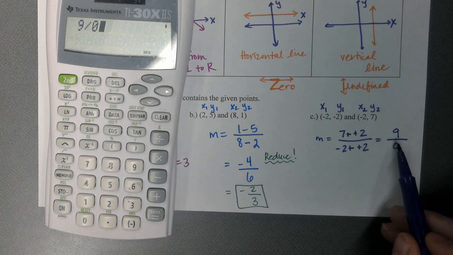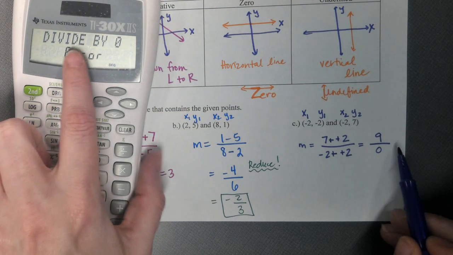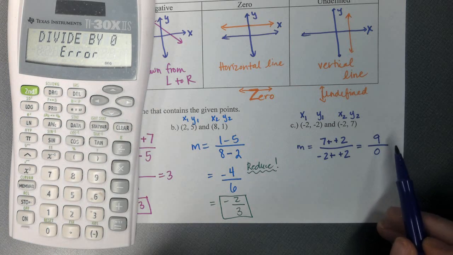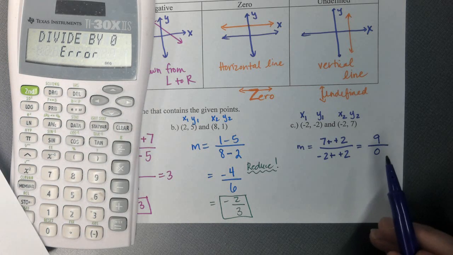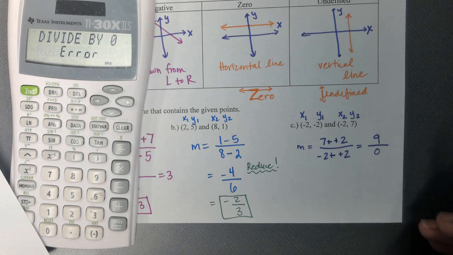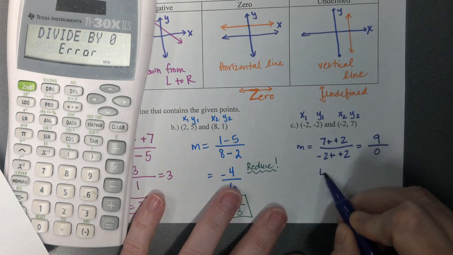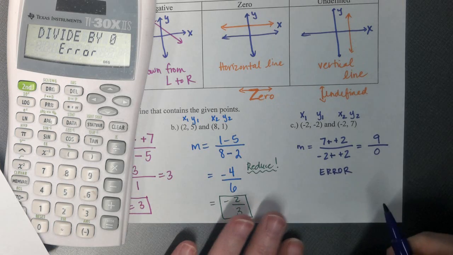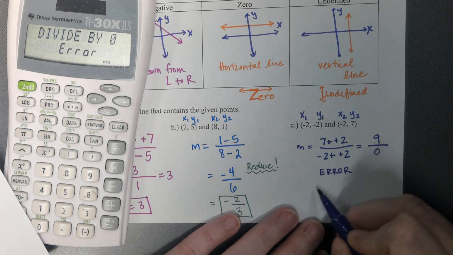No, at the very least, I have to have one group that has 9 things in it, right? Okay, so when that happens, these calculators will tell you it's an error because you cannot divide by 0. You can't split something up into nothing. So when that happens, you should get an error on your calculator and the slope is undefined.